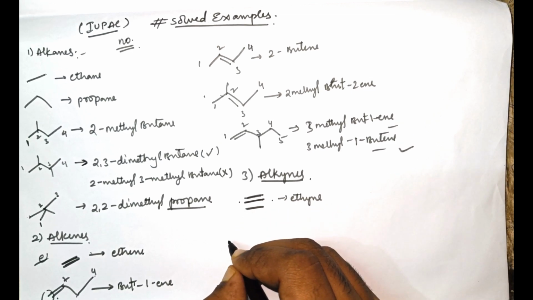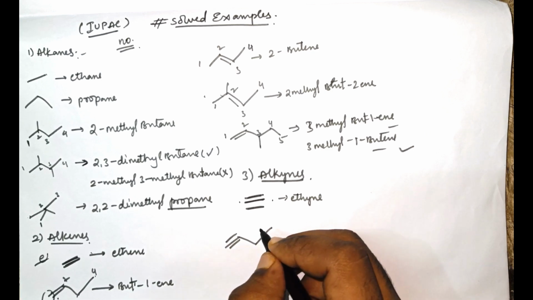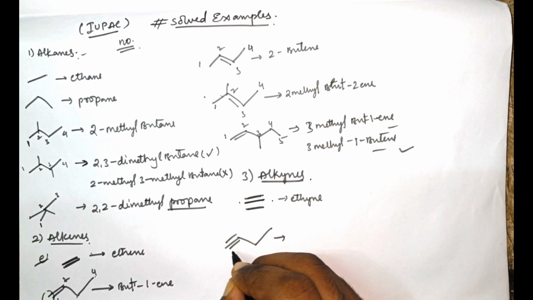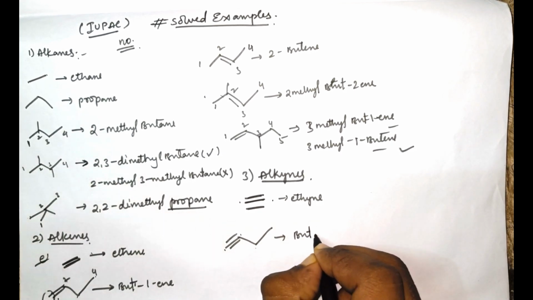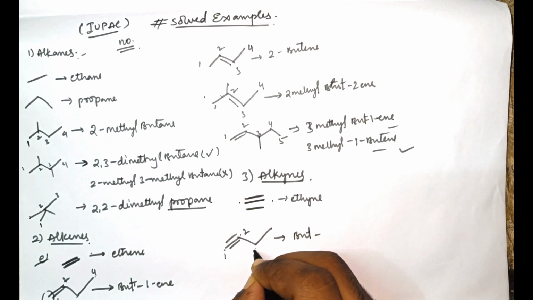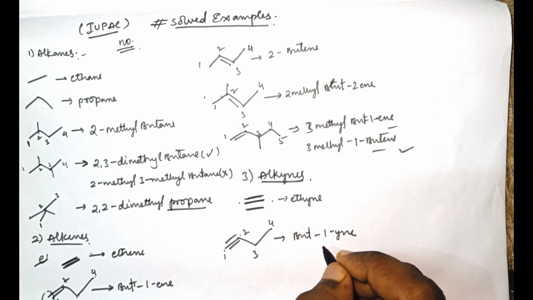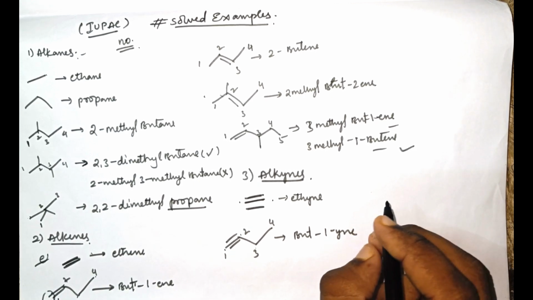And let's take this structure. This is generally called 1, 2, 3, 4, but, and the unsaturation is present, 1-yne. And sometimes, to confuse you, they will give it even in this manner.